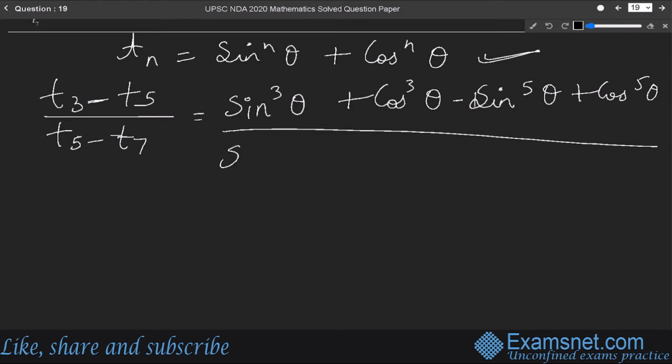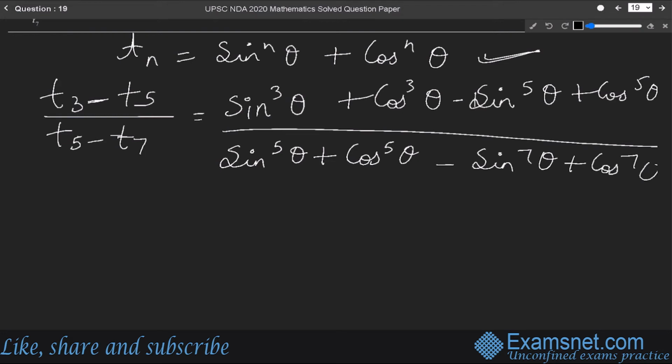Yes, the value will be sin 5 theta plus cos 5 theta minus sin 7 theta plus cos 7 theta. So it is a very simple concept. You just have to put 3 and 5 and 7 in place of n here.